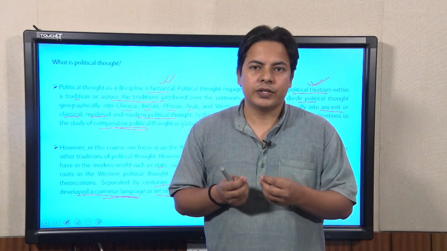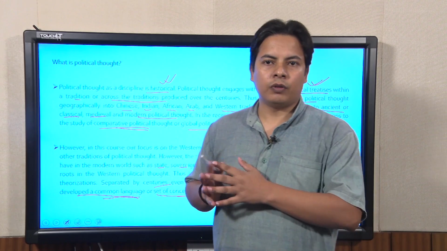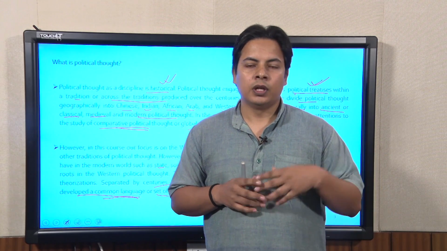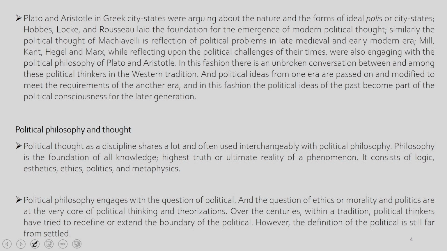The set of ideas that we find in Plato constantly shapes the thinking of major other political thinkers in medieval and also in modern times. Plato and Aristotle in Greek city states were arguing about the nature and forms of the ideal polis and city states. Hobbes, Locke and Rousseau laid the foundation for the emergence of modern political thought. So, we cannot think of modern political thought without engaging with the thoughts of Hobbes, Locke and Rousseau.